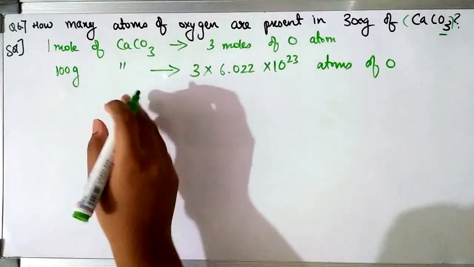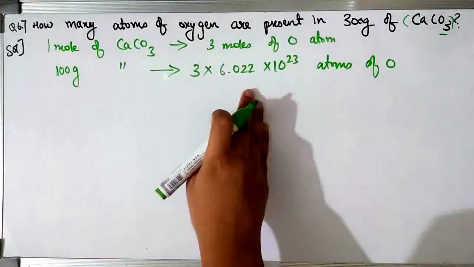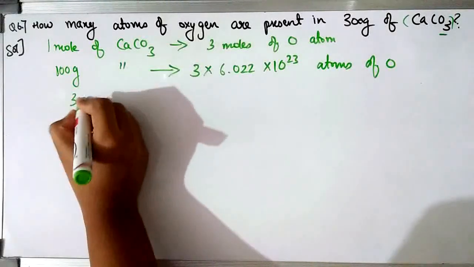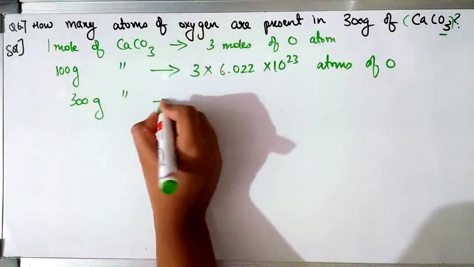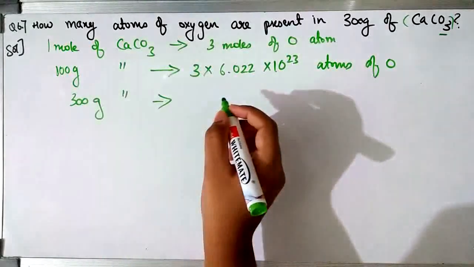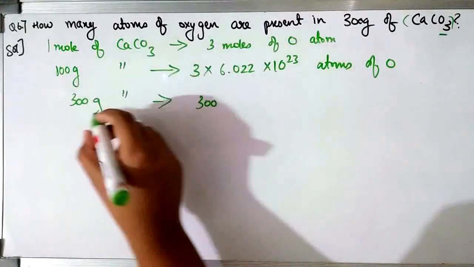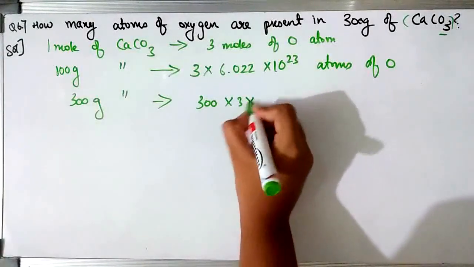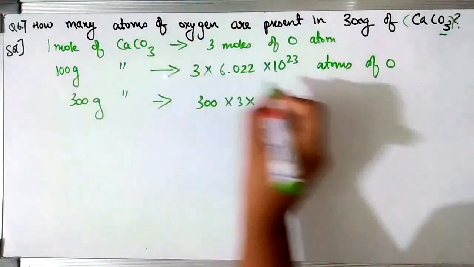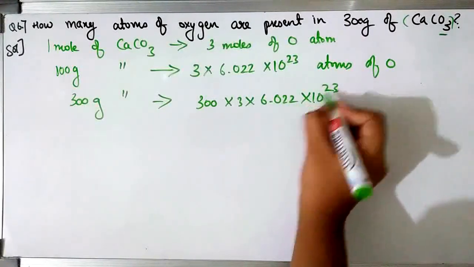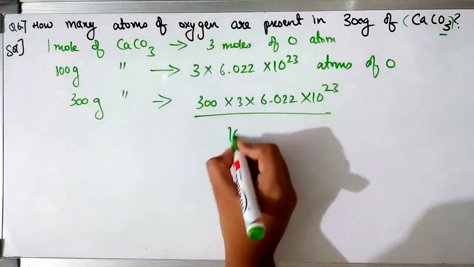If in 100 grams these many atoms of oxygen are present, then what about 300 grams of calcium carbonate? For 300 grams of calcium carbonate, how many atoms of oxygen is going to be present? For that we're going to do 300 into this value, that is 3 into 6.022 into 10 to the power 23 divided by 100.